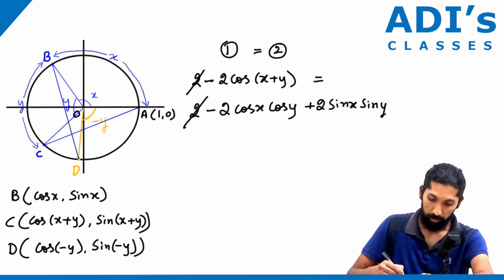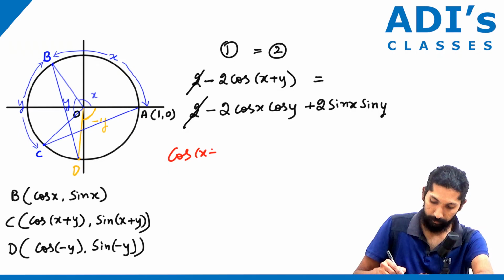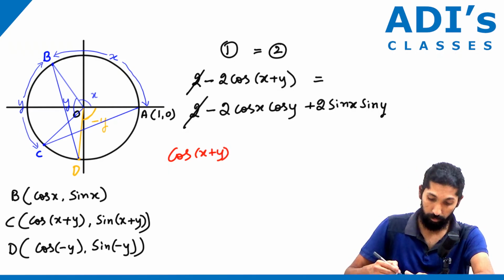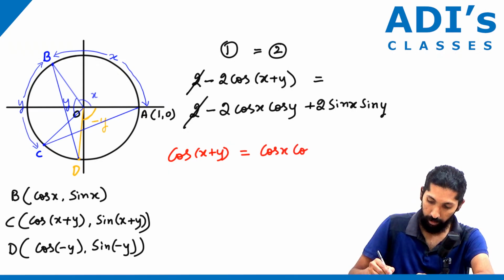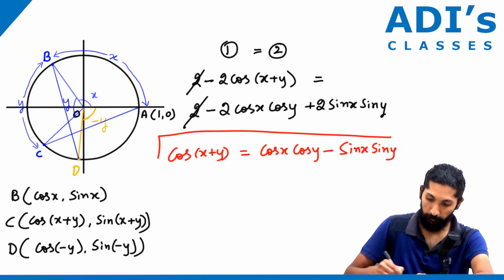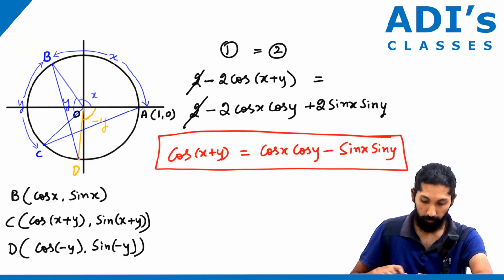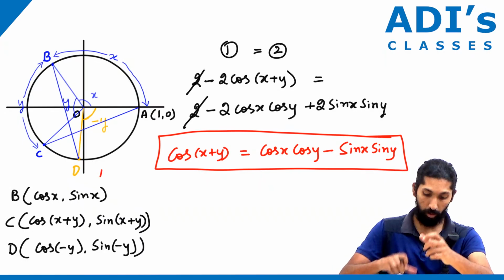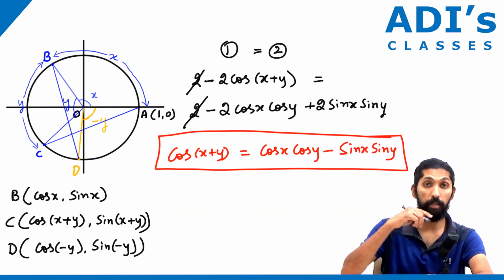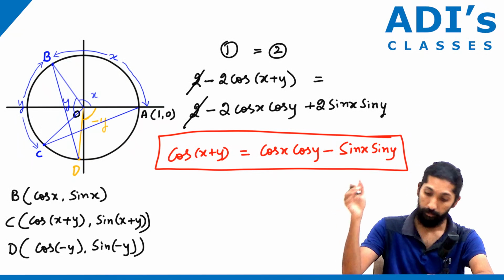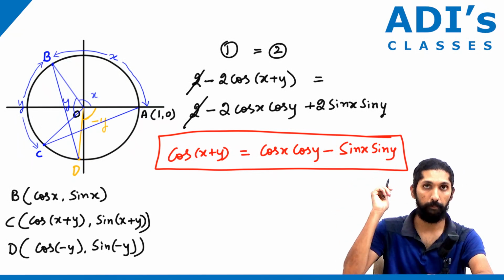If you do that, then we are going to get cos of (x plus y) is equal to cos x cos y minus sin x sin y. So this is the formula for cos of (x plus y). So cos of (x plus y) is equal to cos x cos y minus sin x sin y.